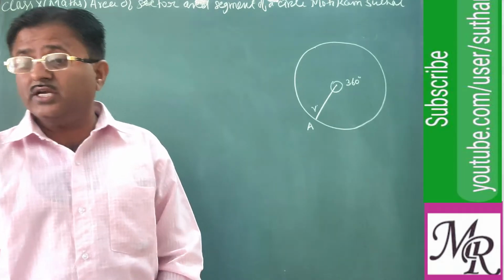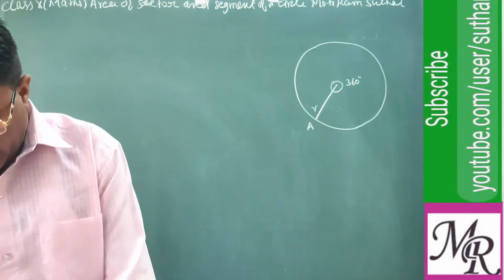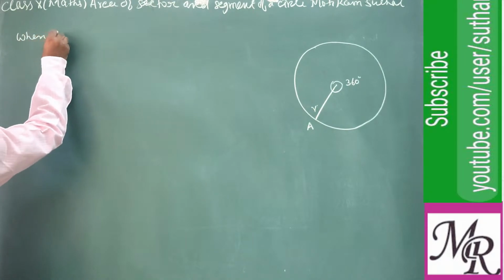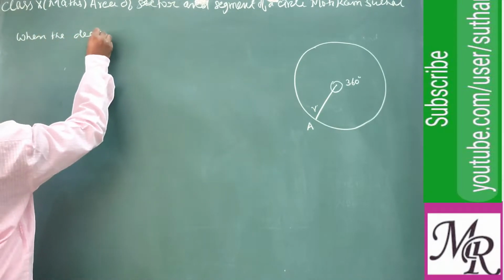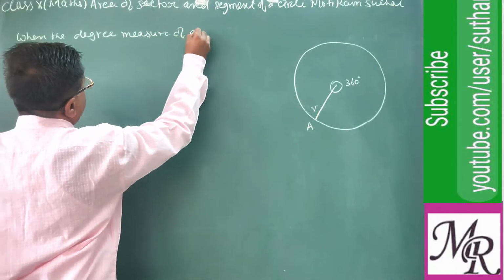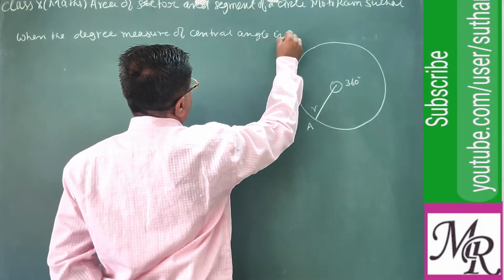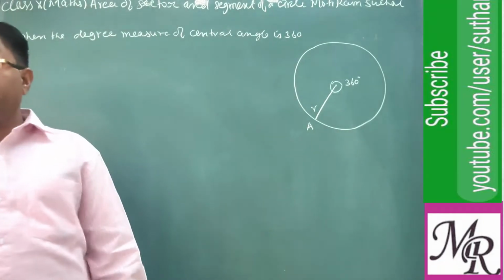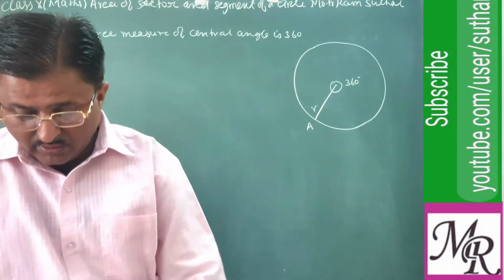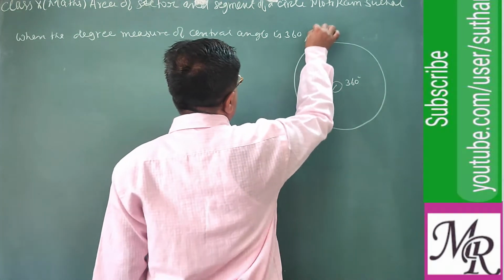So we can say when the degree measure of the central angle is 360, at this time this sector is converted into a circle.